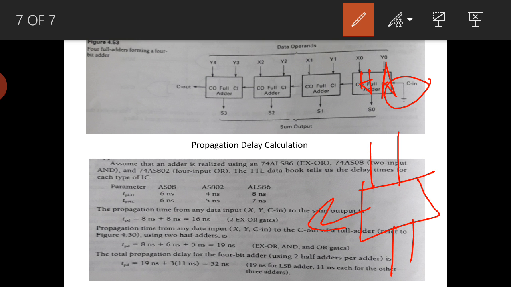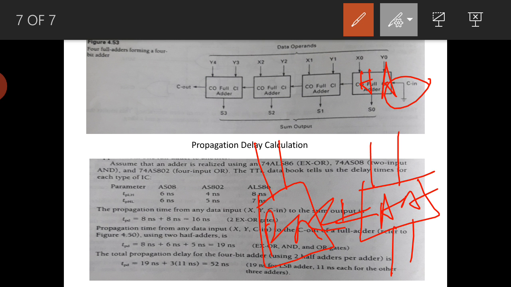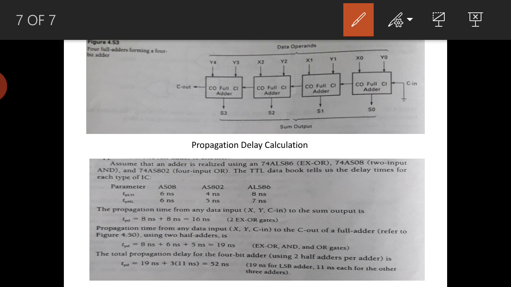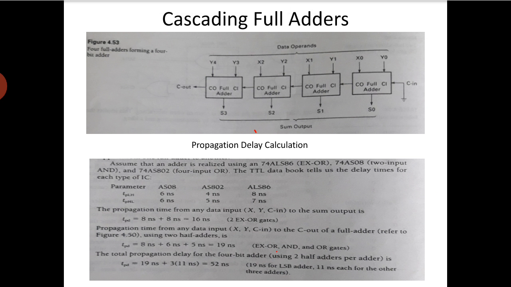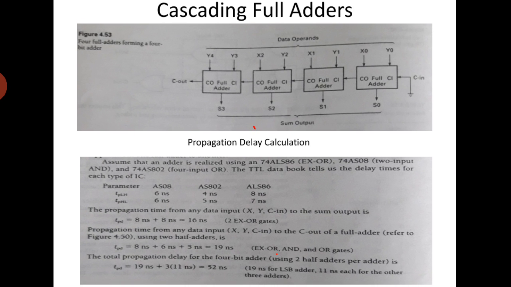From the next stage we need to use full adders only, because if a carry generates, it will act as the third input. But for the first one we can use the half adder. So either you can use a half adder or use a full adder with C as 0. Now there is one more concept.